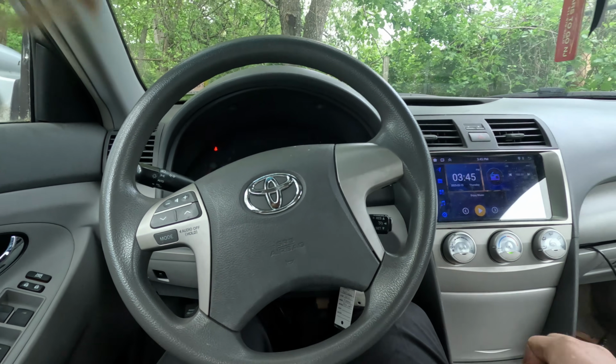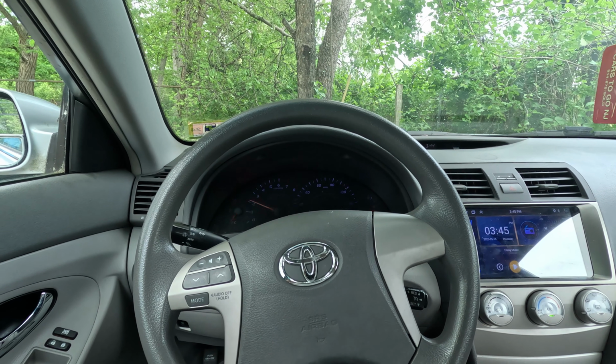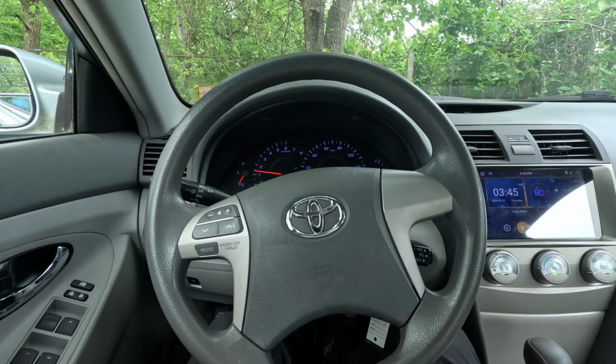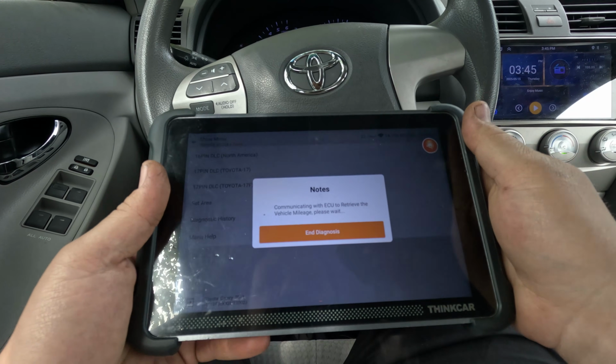Running rich. Mass airflow code. Is that a stuffed cat? A stuffed cat would cause that.